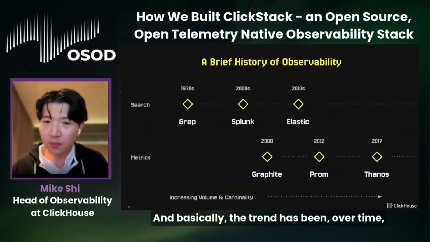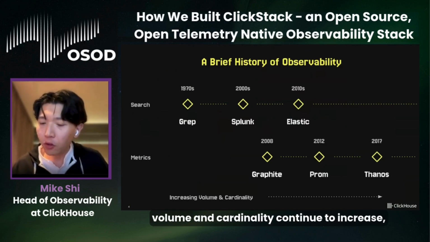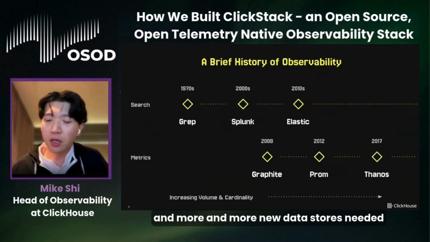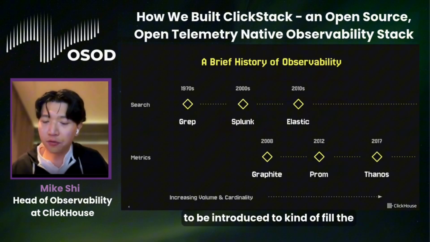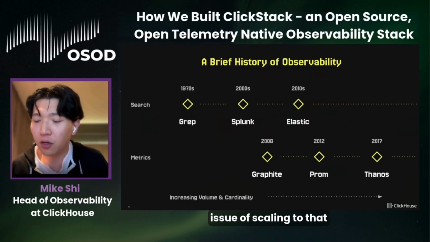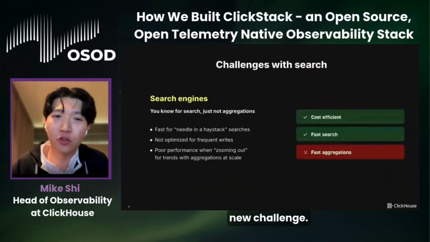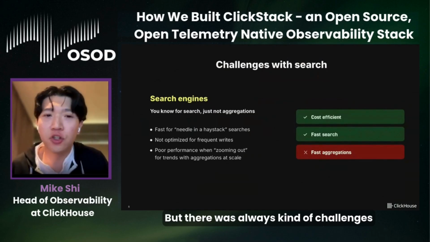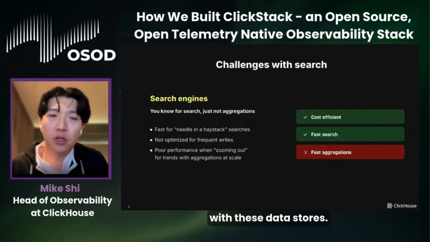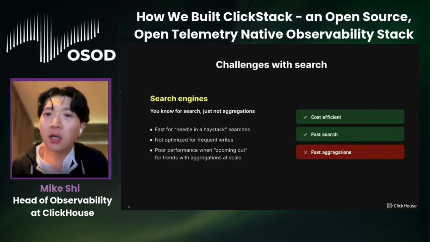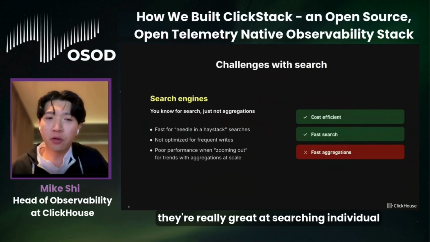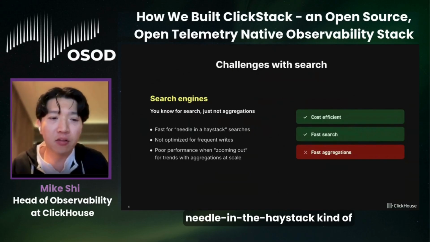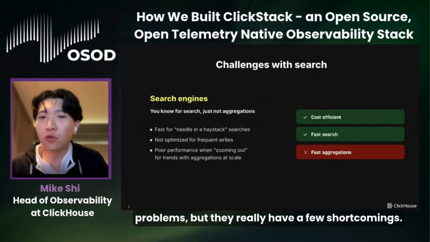Basically the trend has been that over time, volume and cardinality continue to increase, and new data stores needed to be introduced to fill the gap of scaling to that new challenge. But there were always challenges with these data stores. Starting with the search engine, they're really great at searching individual needle in the haystack kind of problems, but they have a few shortcomings.